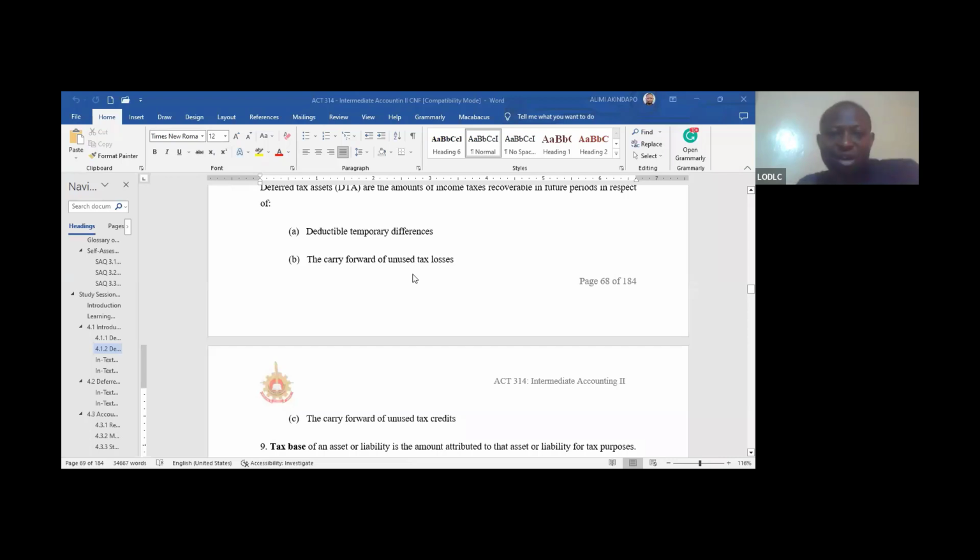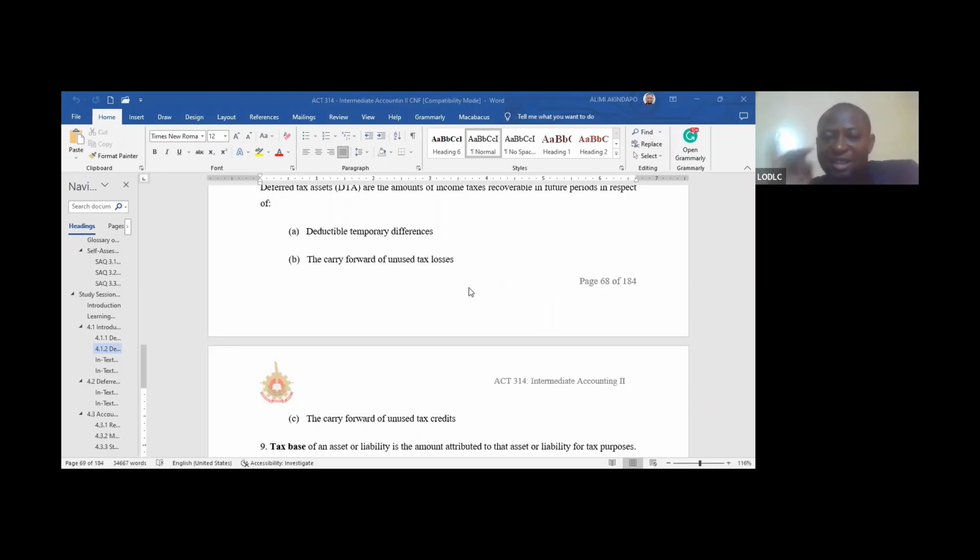These are the amounts of income taxes recoverable in future period in respect of one, deductible temporary difference. Then two, carry forward of unused tax losses. Then the carry forward of unused tax credits.